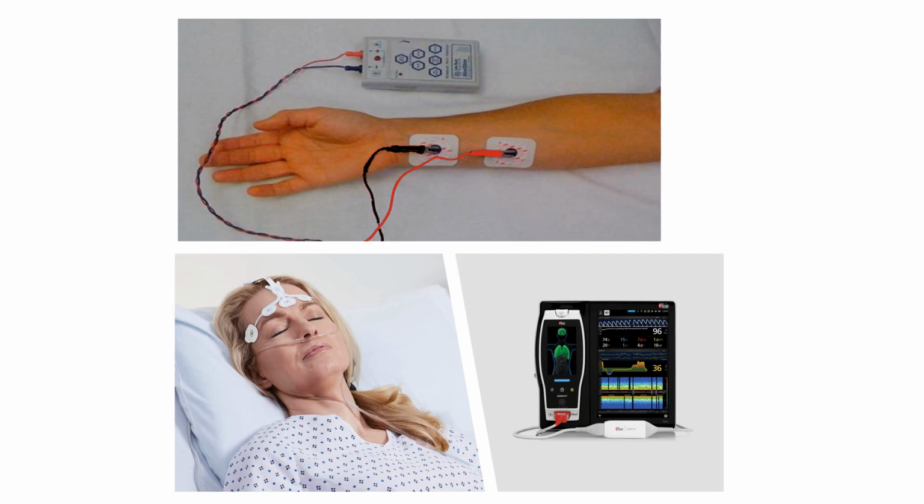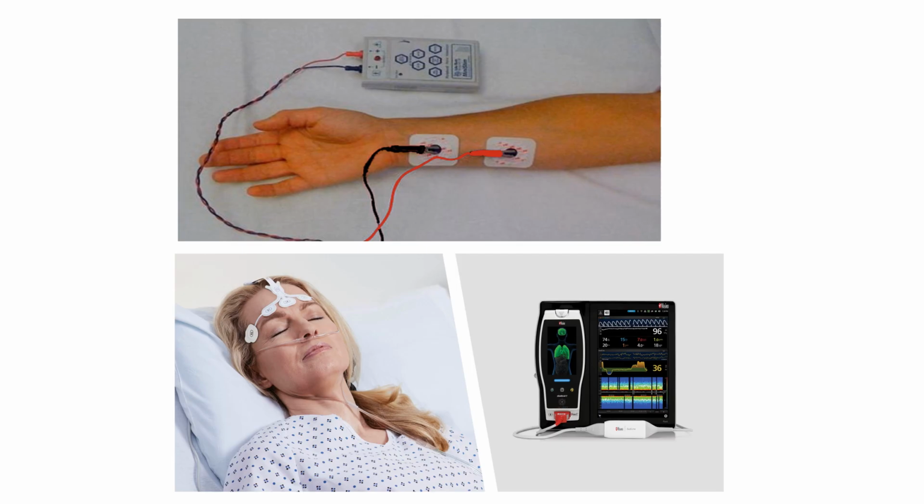Then you have the bottom left image, which is the bispectral index monitoring. The electrodes placed on the patient's forehead represent the BIS monitoring, which measures sedation depth. It's used in sedated or paralyzed patients who cannot communicate pain or wakefulness.